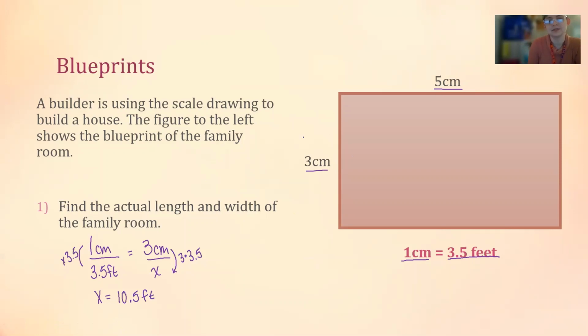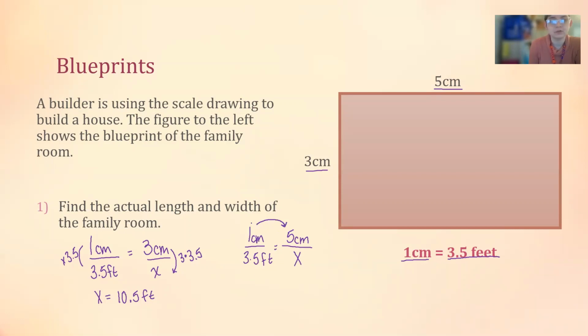Okay, now let's look at the length. So again, we're comparing the drawing to real life: 1 centimeter to 3.5 feet. We're given 5 centimeters, and we want to know how many feet. So we first did it using a proportional relationship, seeing how much they change by. We can also compare our proportional relationships across, comparing numerators to numerators.